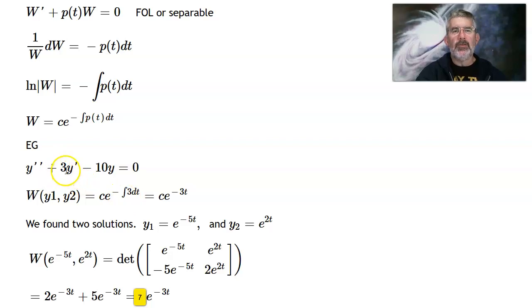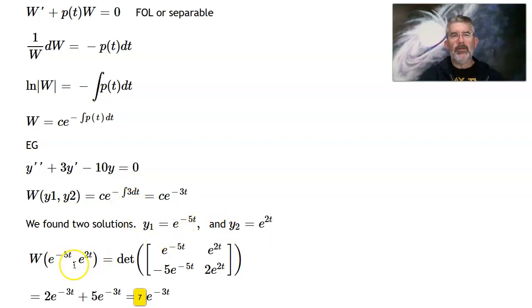The p here is just a 3. So that would be c e to the minus 3t. Now what we found when we solved this, we found two independent solutions. We found e to the negative 5t and e to the 2t, right? Because the characteristic equation here was r squared plus 3r minus 10, which factored into an r plus 5 and an r minus 2. And so these were the two solutions we found.